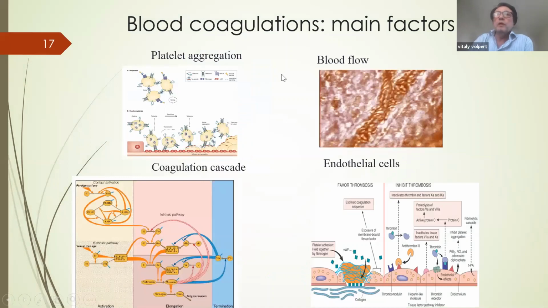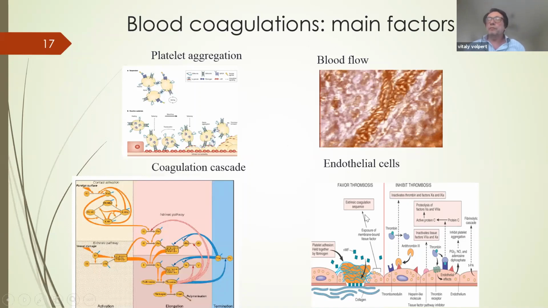So how does it work? In fact, blood coagulation has two main components. These are complex biochemical reactions in blood plasma, which lead to formation of fibrin polymer, and also platelet aggregation. And they work together, and this is how the clot is formed.